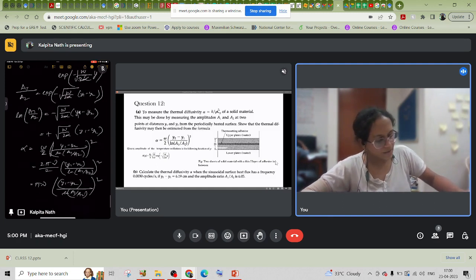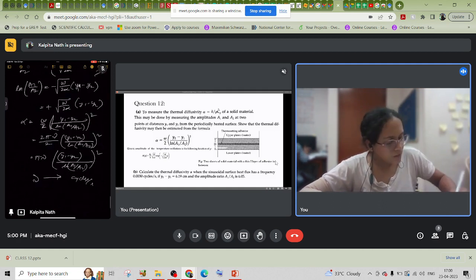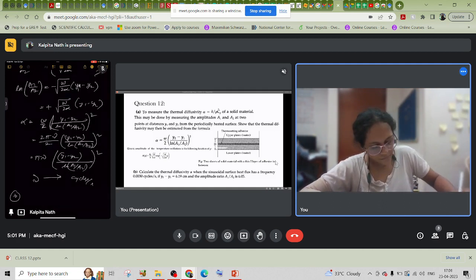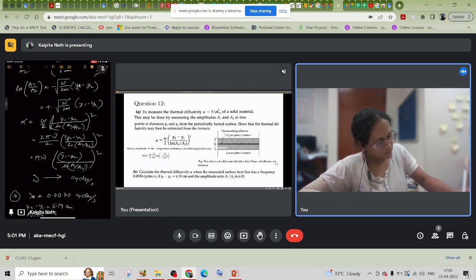Now in part B, nu is given as 0.0030 cycles per second, Y2 minus Y1 is equal to 6.19 centimeter, and A1 by A2 is given as 6.05.